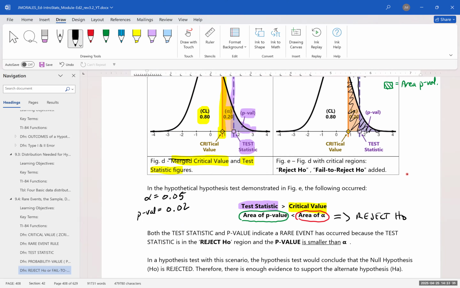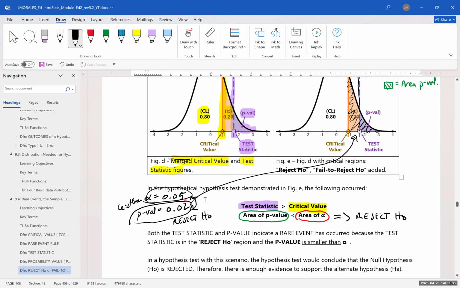They know just by looking at it that the p-value here is less than the significance level. So you have a situation like this, and they'll say, therefore, we are rejecting our null hypothesis.